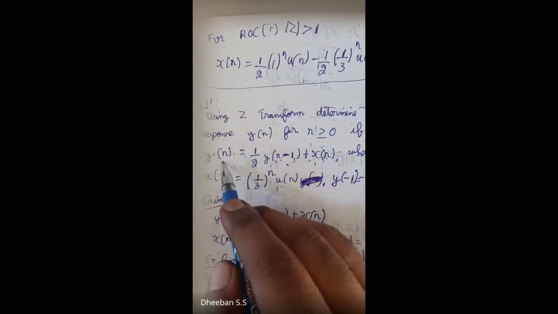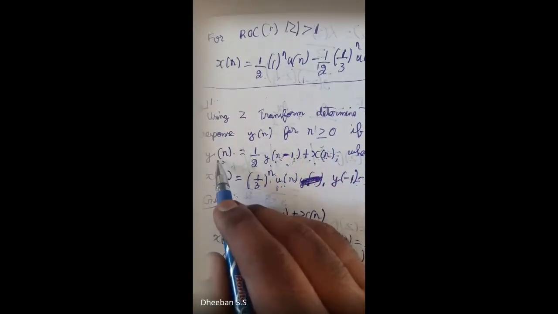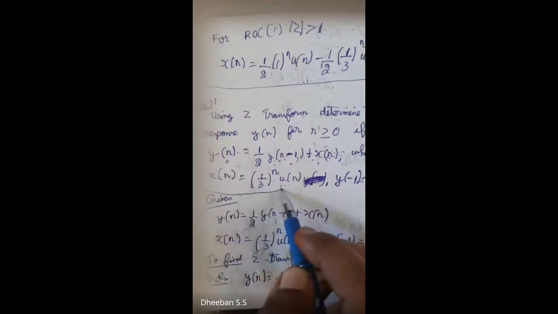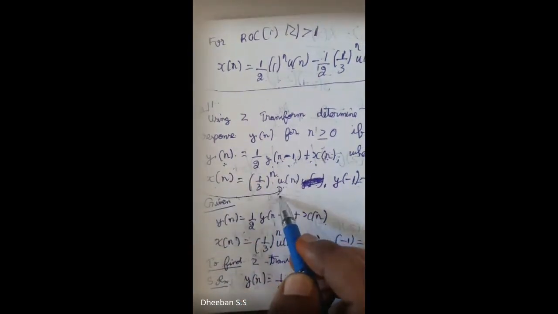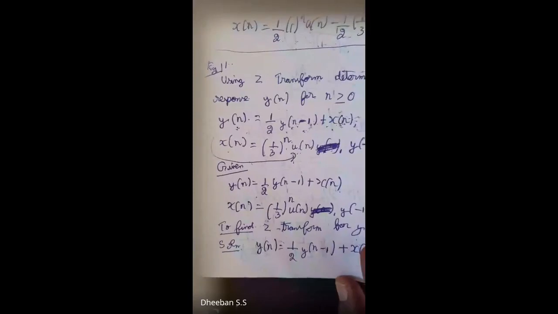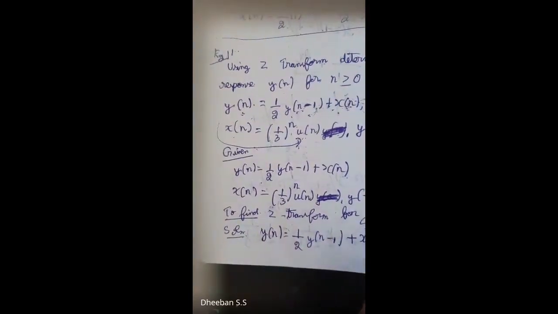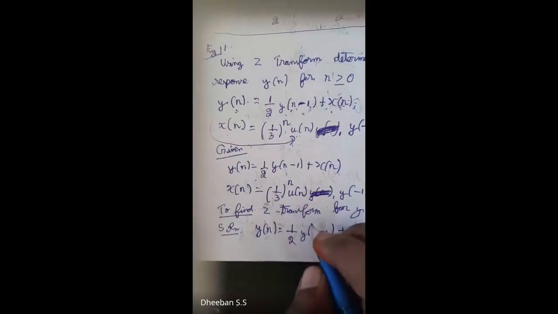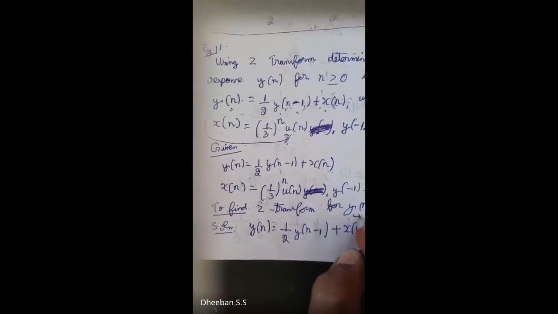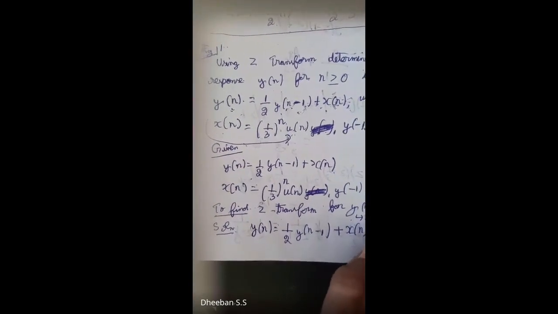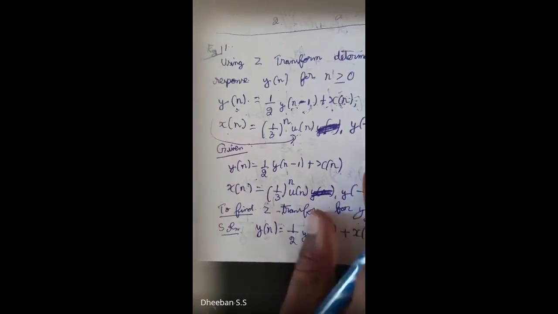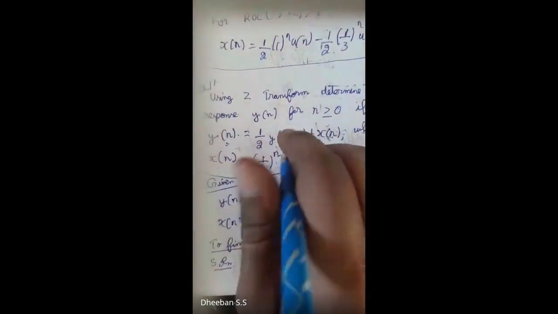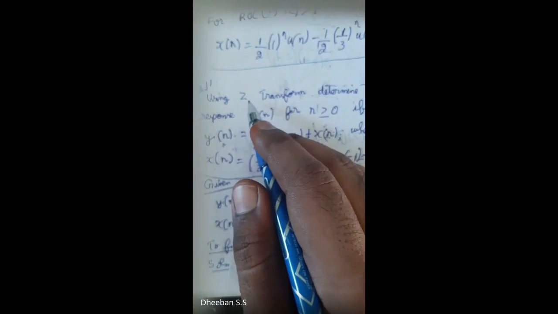That is, they are asking you to determine y of n in terms of your u of n. To find it, if you want, you just write it clearly. Okay, so the response. That's what they are asking to find, but through your z transform they are asking to find.